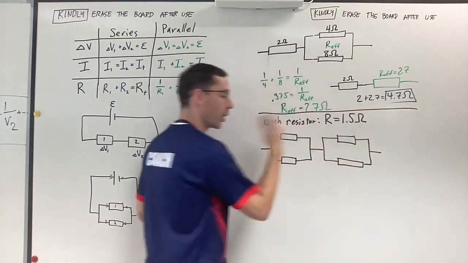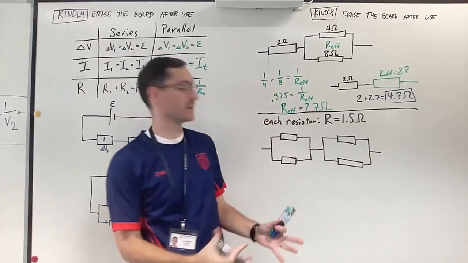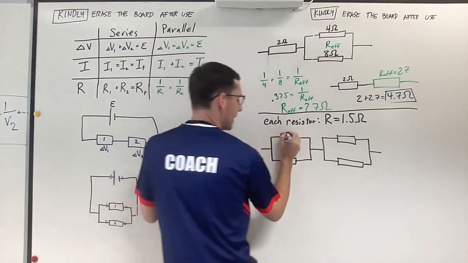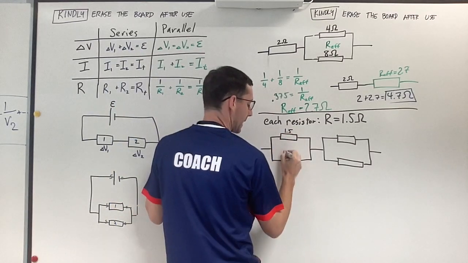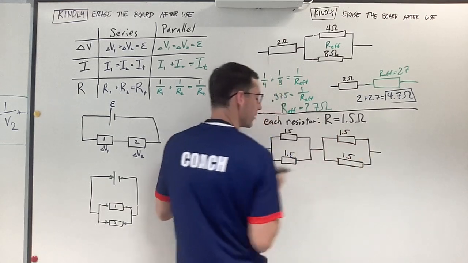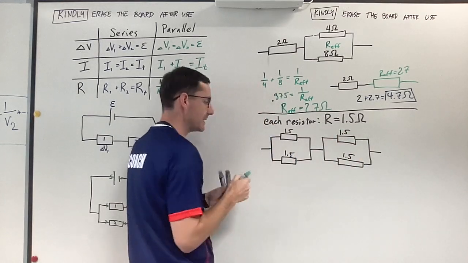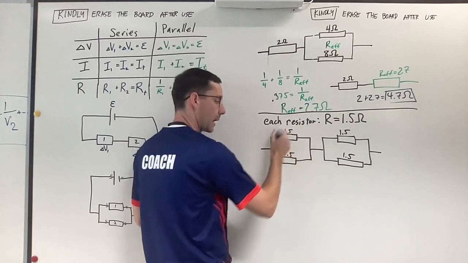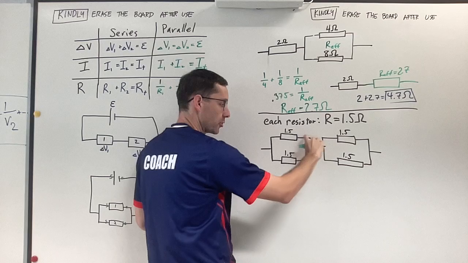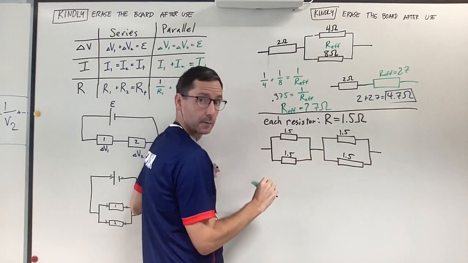And so we're going to try to put all those together and get the total resistance of this circuit right here. Okay, so if this is 1.5 and that is 1.5, 1.5, 1.5. So the first thing I notice is that these guys right here are in parallel, right? The current comes here, it splits, it goes through those two, and then it comes back, okay?